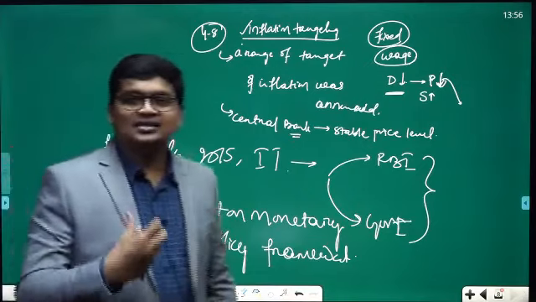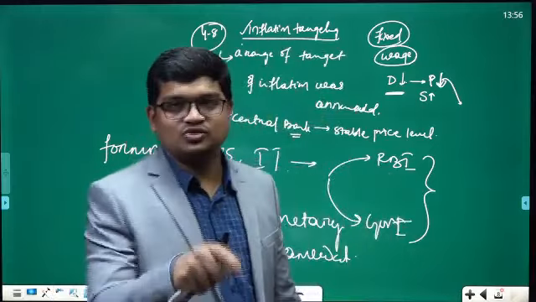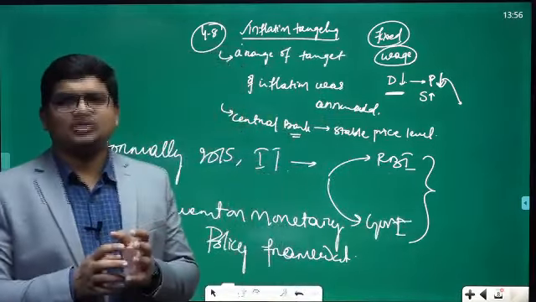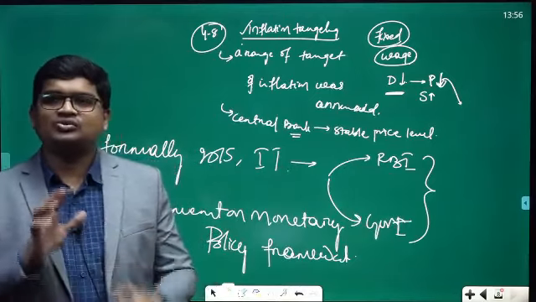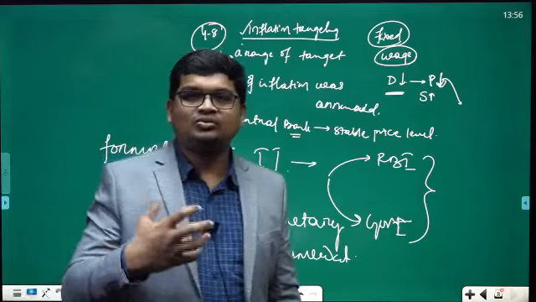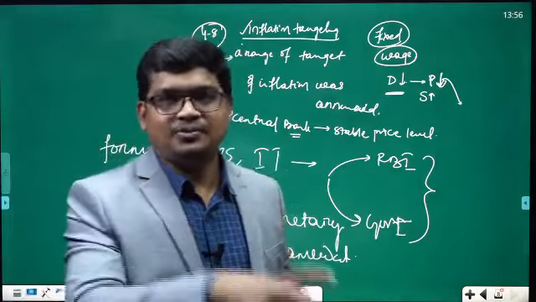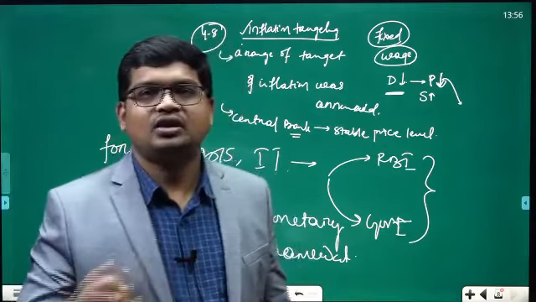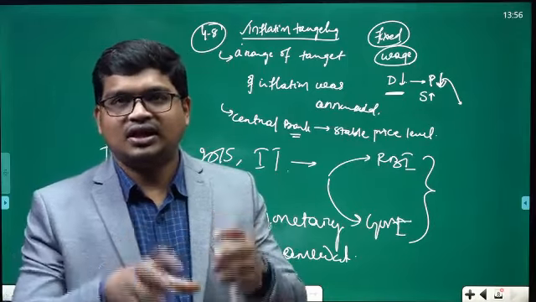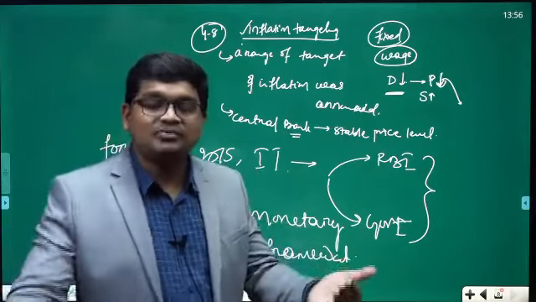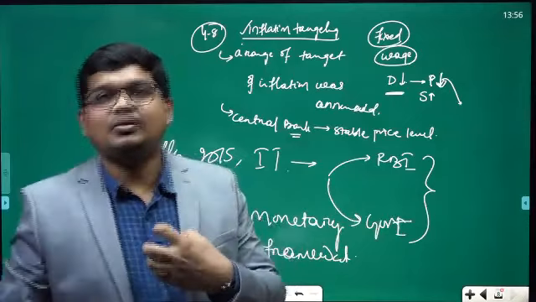What exactly was the reason behind it? Because in 2015 and before, there was so much controversy between the RBI and the Government of India. The Government of India wanted to influence the policy measures of the RBI, influencing its autonomy, for some favorable monetary policy which serves the government's interest.